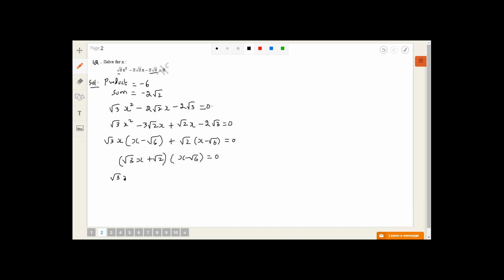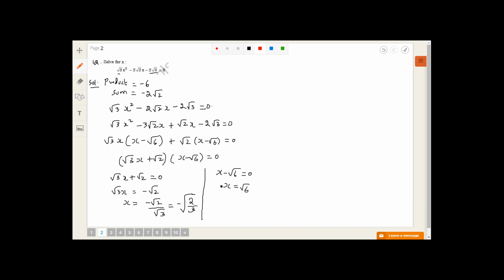Now we have root 3x plus root 2 is equal to 0, or root 3x is equal to minus root 2, or x is equal to minus root 2 by root 3. This can also be written as minus of root 2 by 3, or x minus root 6 is equal to 0, or x will be equal to root 6.